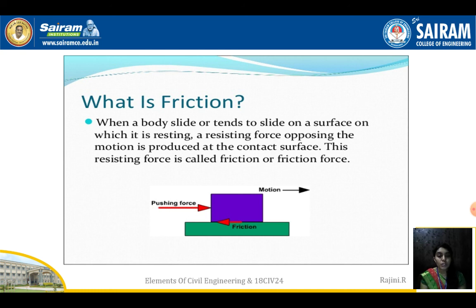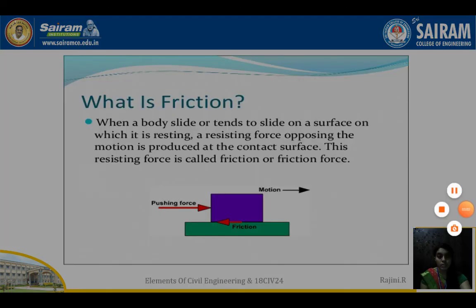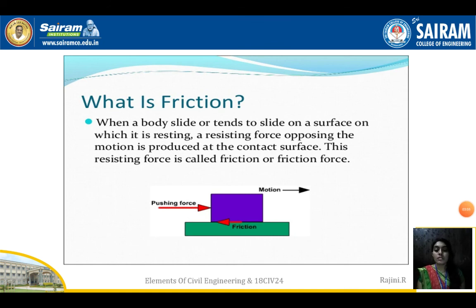So frictional force always develops on the opposite side. The frictional force is defined as a tangential force developed to prevent the motion of one rough surface with respect to another rough surface.